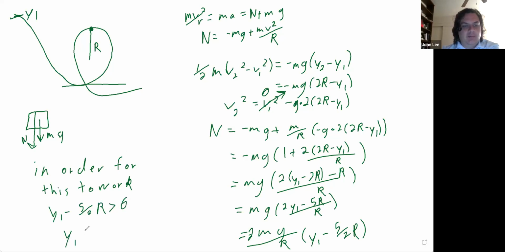So y1 must be greater than 5/2 the radius of the coaster. So that is an interesting question if you're trying to get into roller coaster designs, or if you're trying to think about the minimum requirements for something to be safe, then this is a practical question if you're the type of person who makes this sort of measurement. So let's just save that.